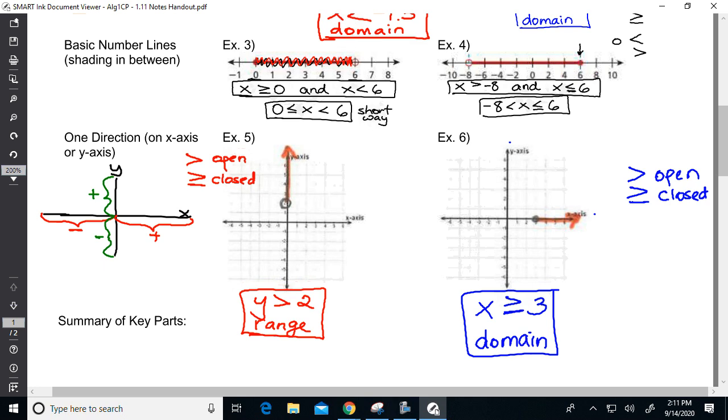Any questions before we summarize the main parts?